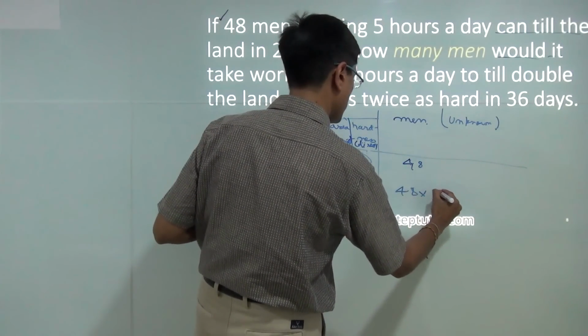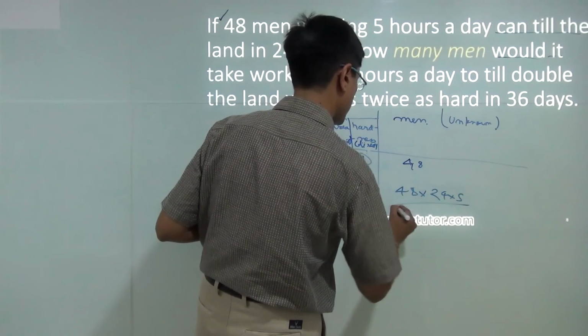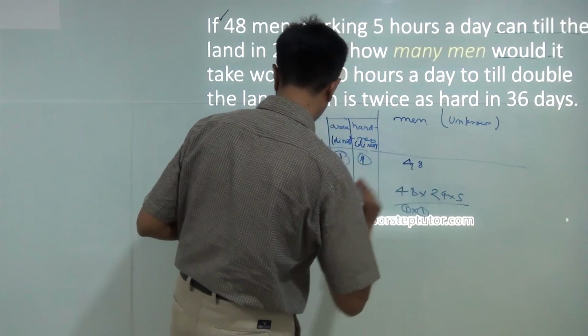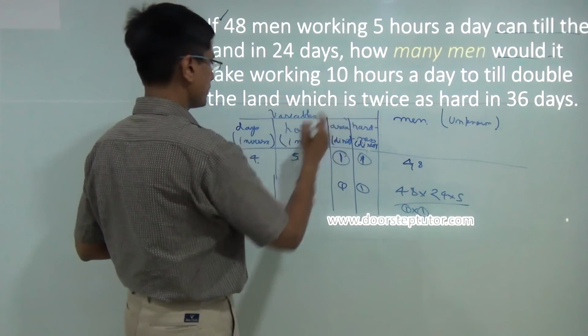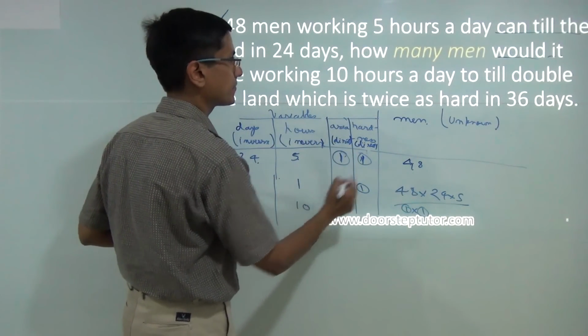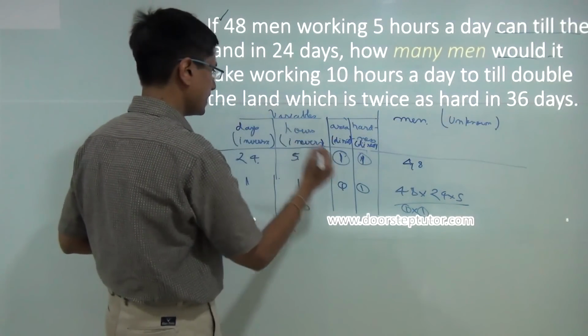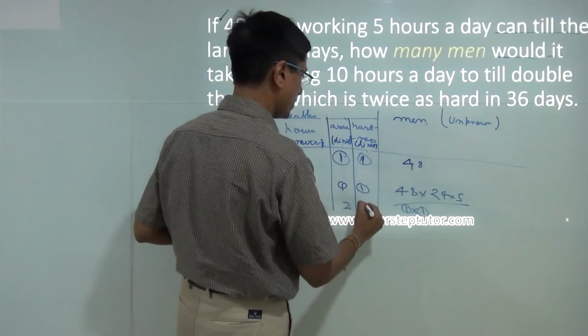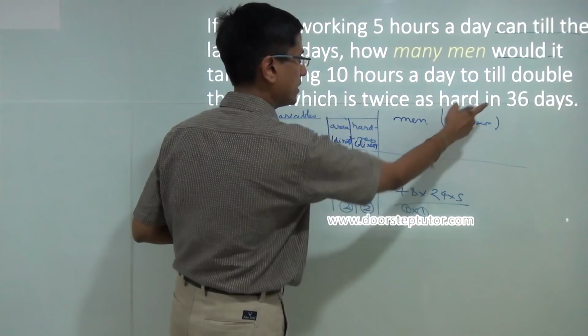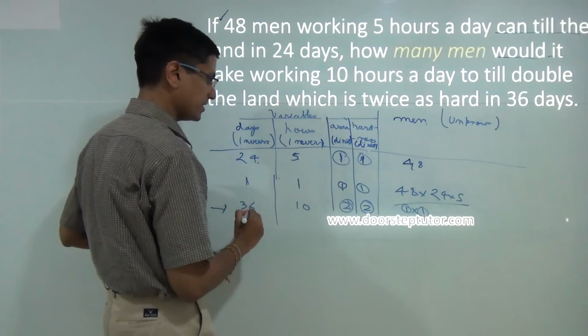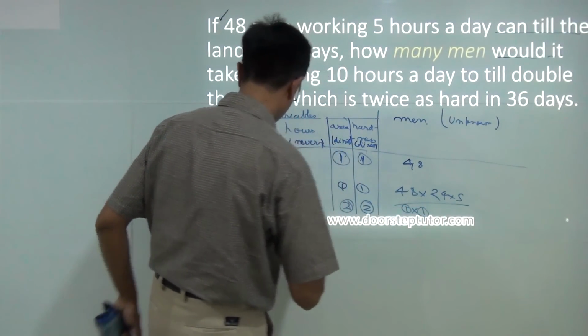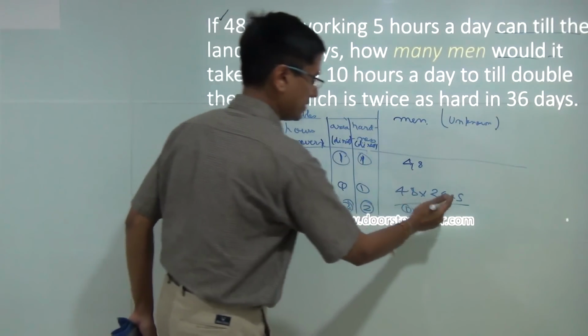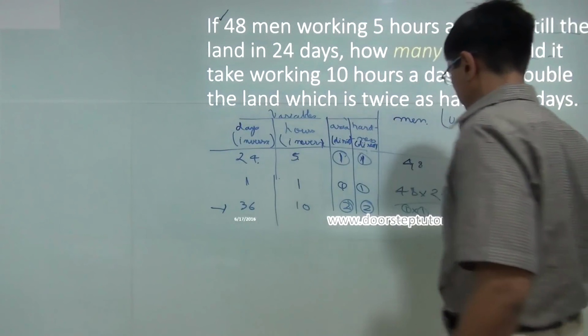48 into 24 into 5, and then this 1 and 1 would come here, and then finally 10 hours a day, double the land, twice as hard, so this becomes 2 2 in 36 days, so this becomes 36. Now this value, I'll write it right here.